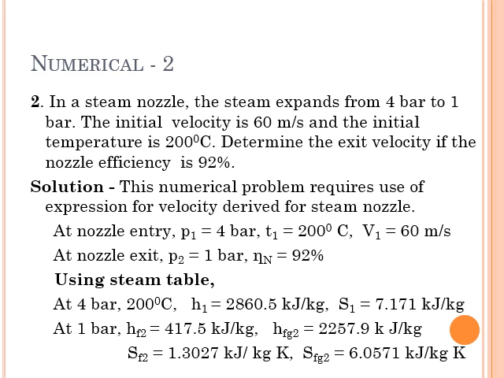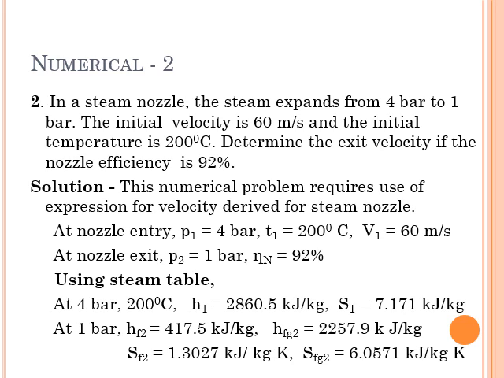This numerical problem requires use of expression for velocity derived for steam nozzle as in numerical 1, but here the initial velocity is not 0. At nozzle entry, pressure P1 is 4 bar, temperature T1 is 200 degrees Celsius, and velocity V1 is 60 meter per second. At nozzle exit, pressure P2 is 1 bar and the efficiency of nozzle is 92%.